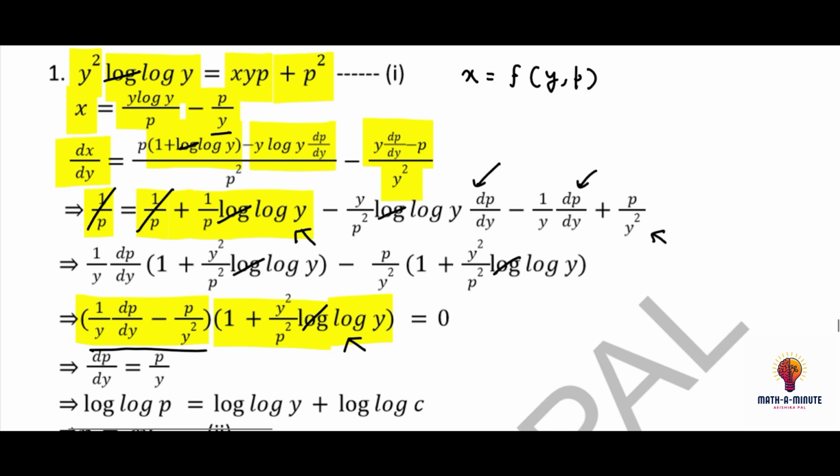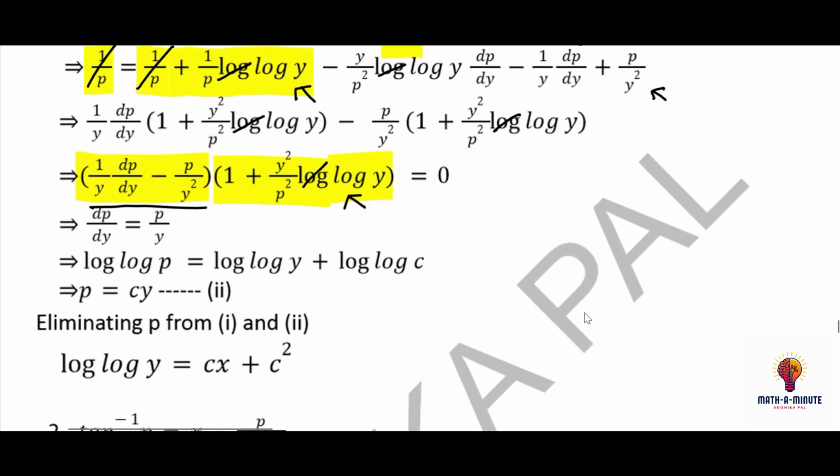So using the separation method, after separating we can write dp by p equals to dy by y. And if we integrate both sides, log of p equals to log of y plus log c, and from this equation we can write p equals to cy.